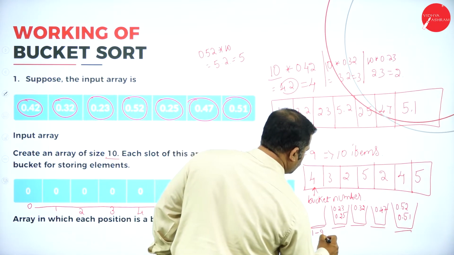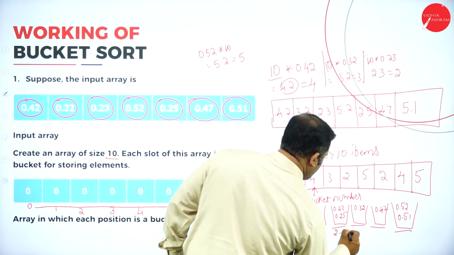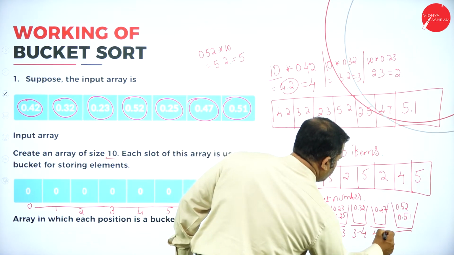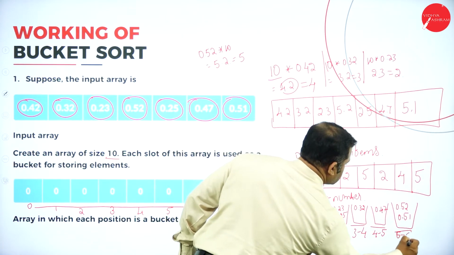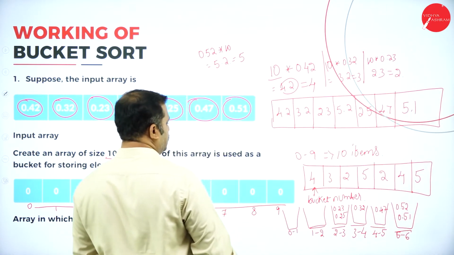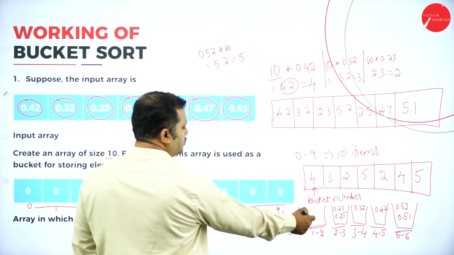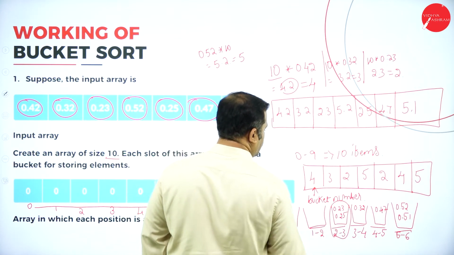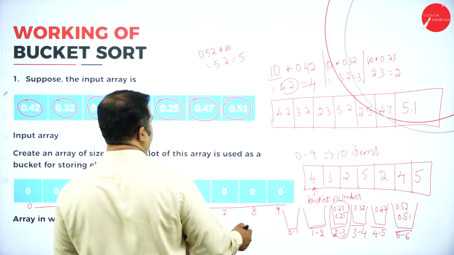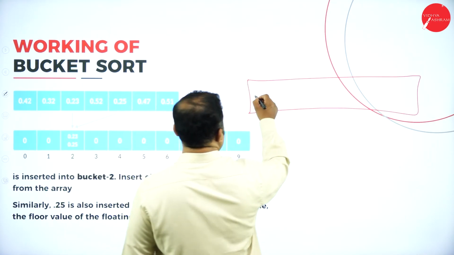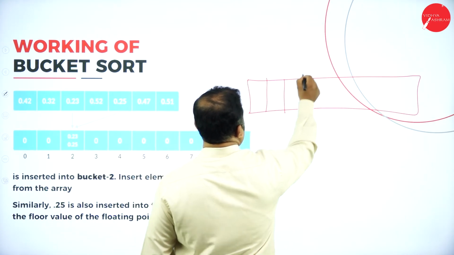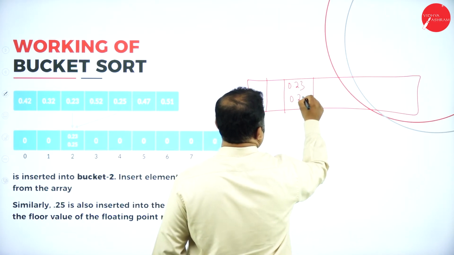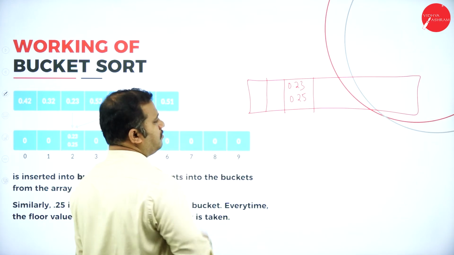This is from 1 to 2, this is from 2 to 3, 3 to 4, 4 to 5, 5 to 6, and so on. This bucket has 2 data items, 0.23 and 0.25, the 2 data items available in the second bucket.